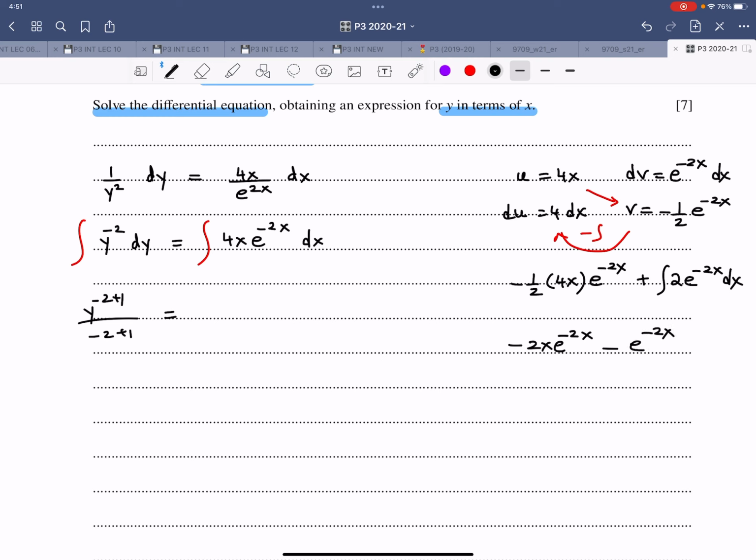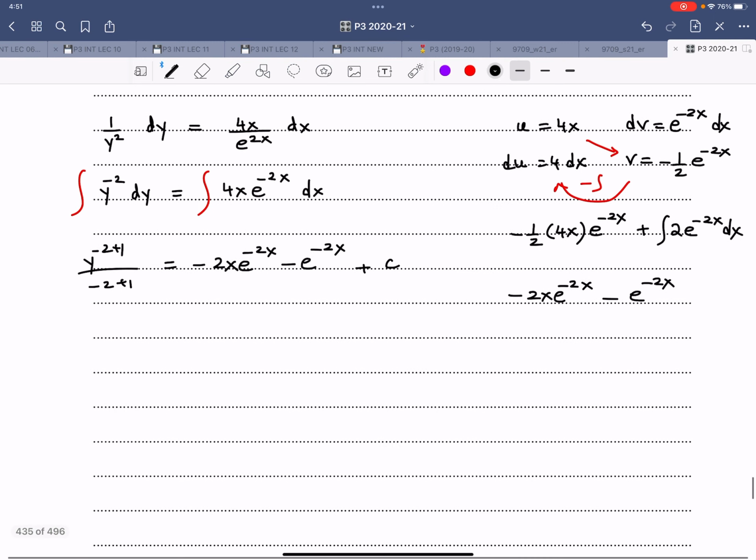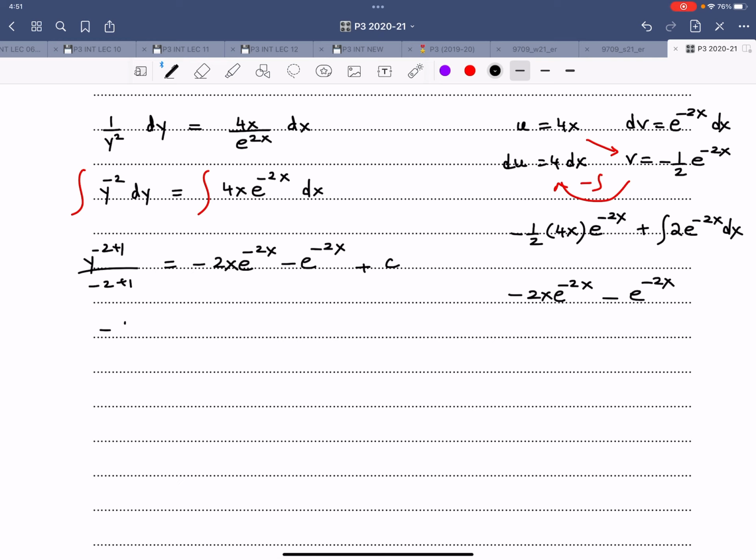So therefore, let me write it first as it is. Minus 2x e raised to power of minus 2x minus e raised to power of minus 2x plus a constant of integration c. Let me simplify it a bit further and then let me evaluate the constant. This is minus 1 over y.